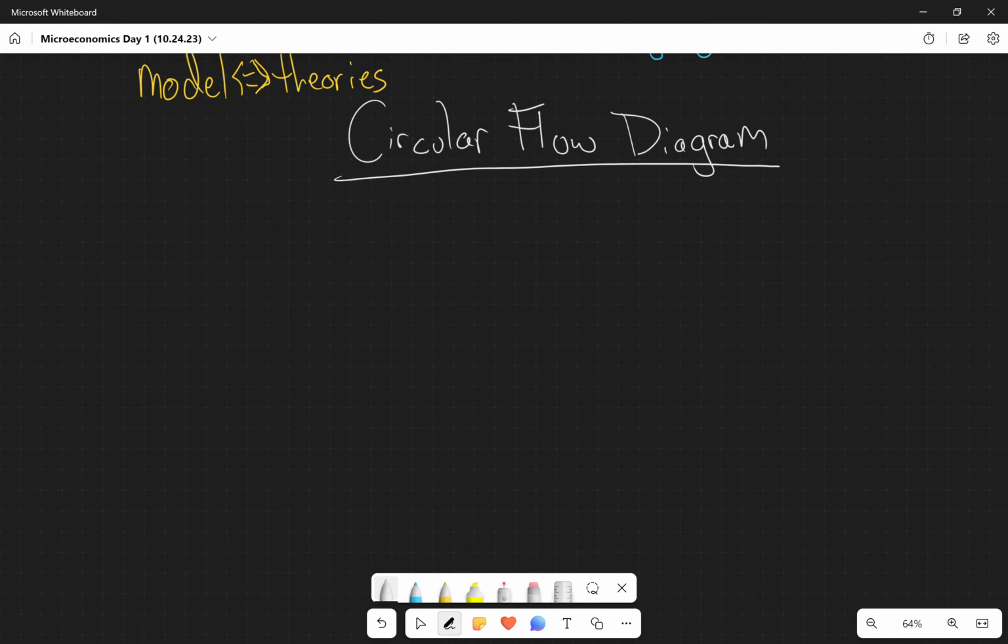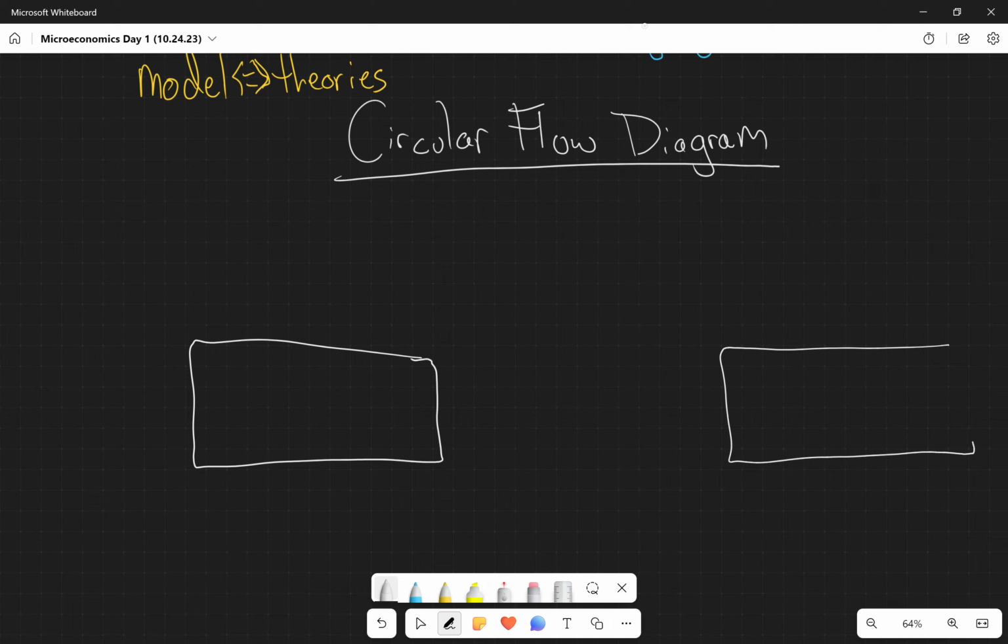And the circular flow diagram is a very simple model that is talking about two entities and how they relate to one another. The first entity being households, which again, throughout this class, we're going to refer to as HH. And the second entity being companies, firms, businesses.